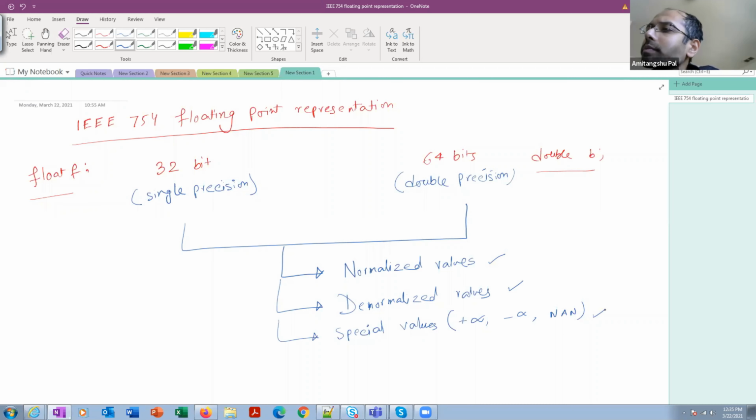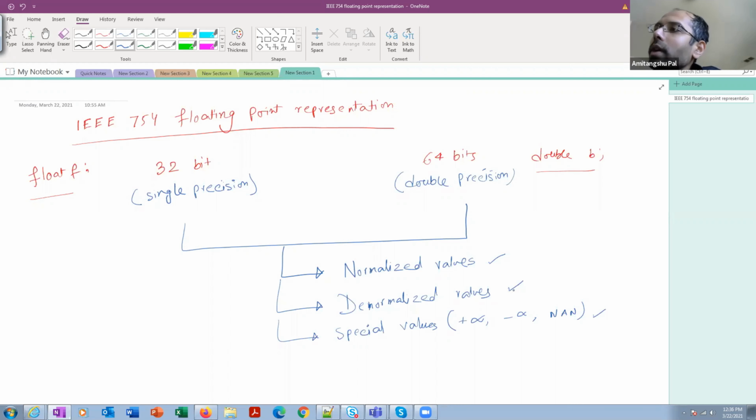Okay. So special values, as I said, are plus infinity, minus infinity, or 0 by 0, or square root of minus 1. Those are basically not a number. Okay. We're going to learn how those are represented using floating point representation. Denormalized values are the values that are either 0 or very close to 0. Those are represented in denormalized mode.